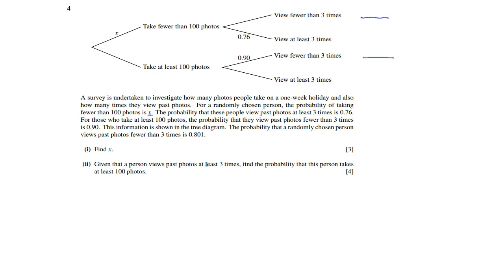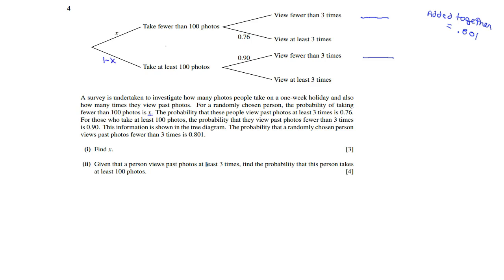So in this situation, we would normally find the probability of fewer than 3 times and add these two probabilities together. And that would give us 0.801. All right, so now we've got to go backwards. We're going to find out what would have taken to make that happen.